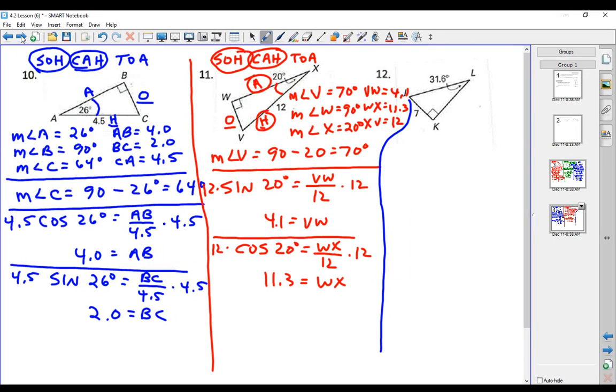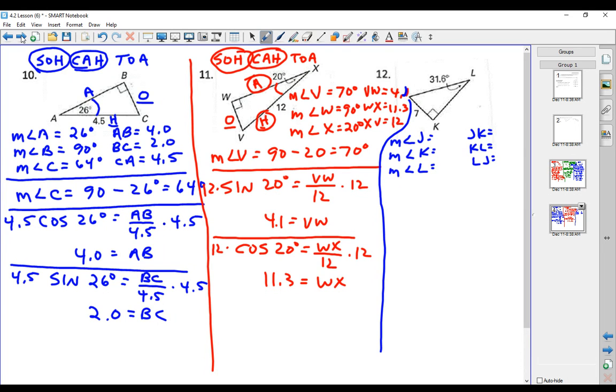All right, the last one here, that's really a J right there. I kind of covered it up with my writing. Let's go ahead and write our pieces in. We've got the measure of angle J, and the measure of angle K, and the measure of angle L. And we've got side JK, side KL, and side LJ.